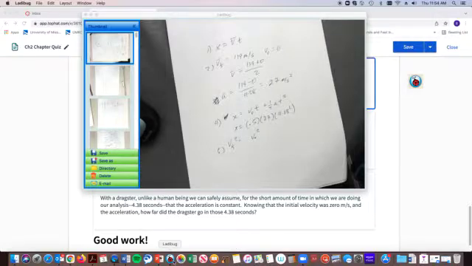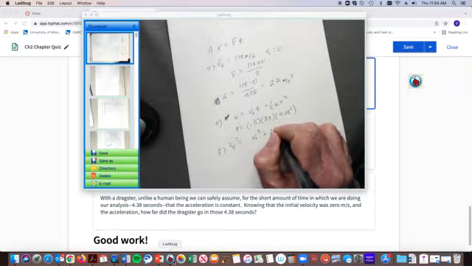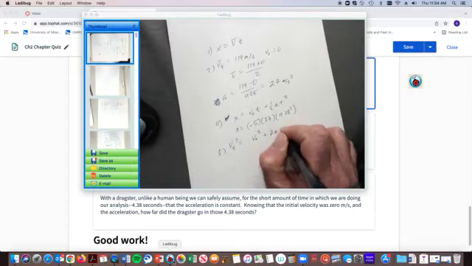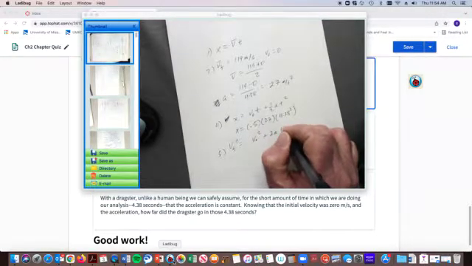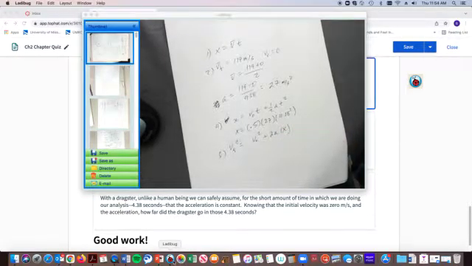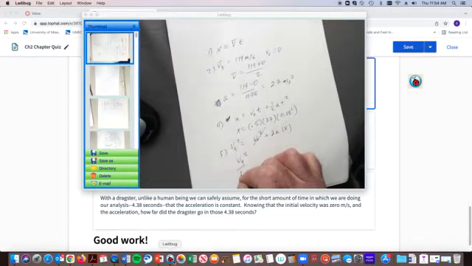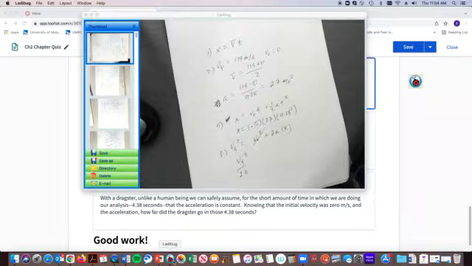V final squared plus 2a times the distance that it went, times x. All right, we'll just keep it that way. This guy's 0, and so you can take v final squared over 2a. That'll work. That'll get it too. Any of those will work.